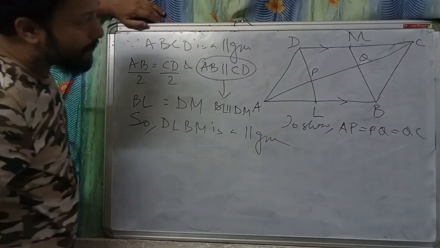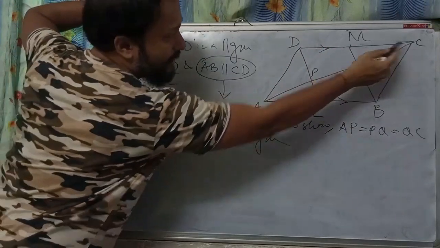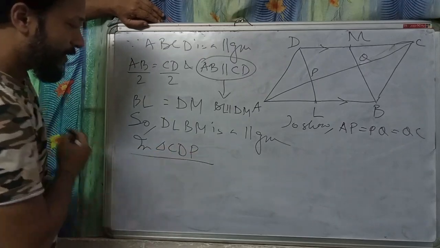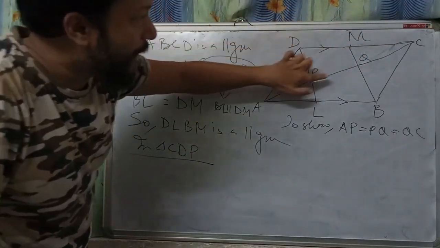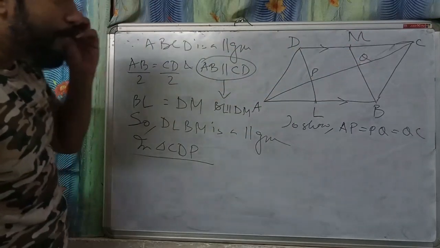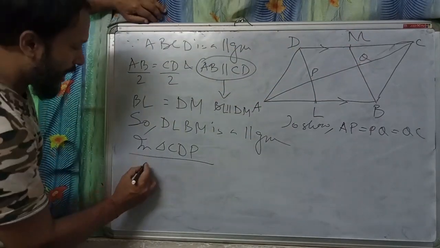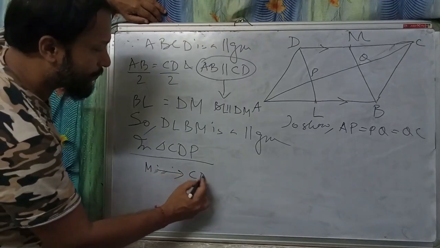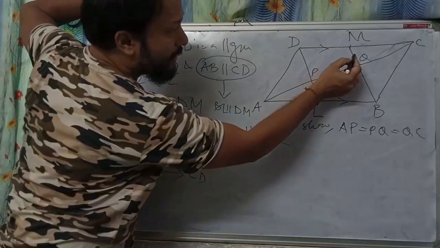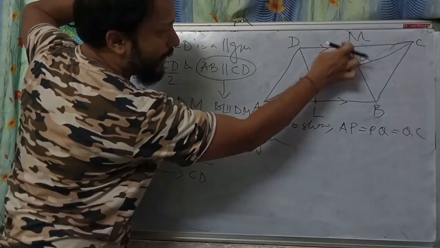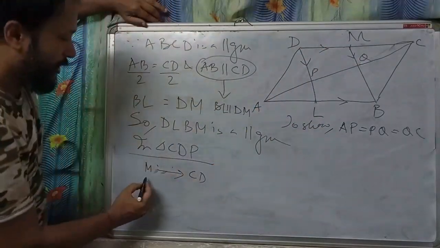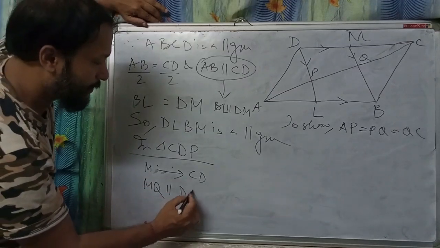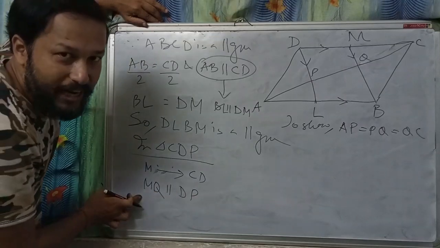Now we'll take triangle CDP. In triangle CDP, M is the midpoint of CD, and MQ is parallel to DP. Can you tell me why I have written that?